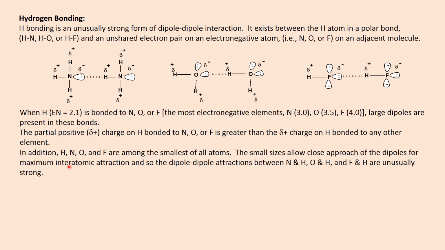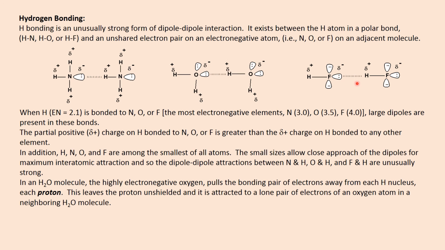In addition, hydrogen, nitrogen, oxygen, and fluorine are among the smallest of atoms, and the small size allows close approach of these dipoles for maximum interatomic attraction. And so the dipole-dipole attractions between nitrogen and hydrogen, or between oxygen and hydrogen, or between hydrogen and fluorine are unusually strong dipole-dipole attractions.